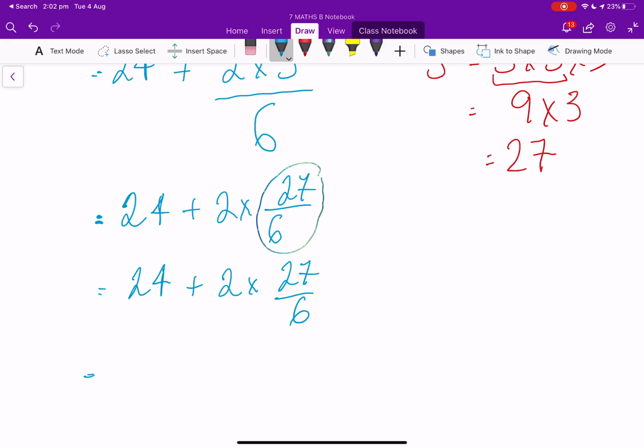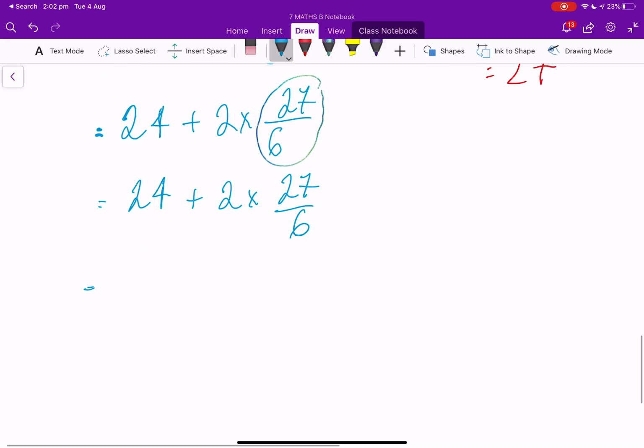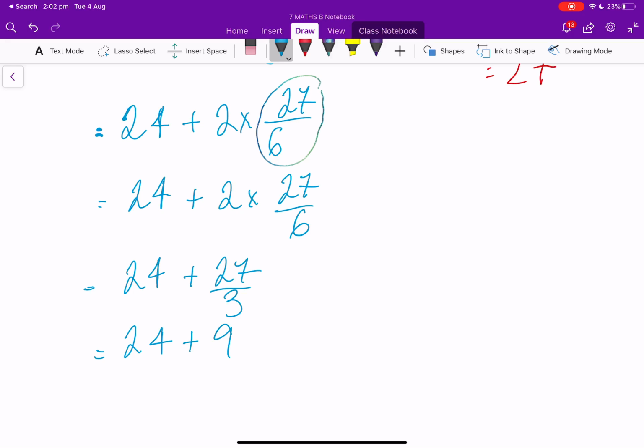Now what we do is we can work out the fraction. So 24 plus 27 over 3. Okay, and then 3 goes into 27 9 times. So you can go 24 plus 9. Then what you get is 33. And that's your final answer.